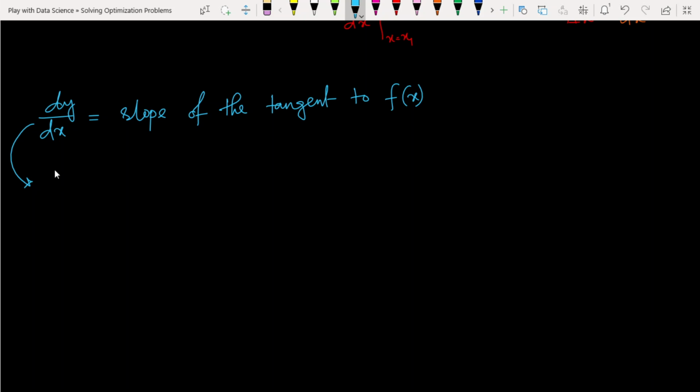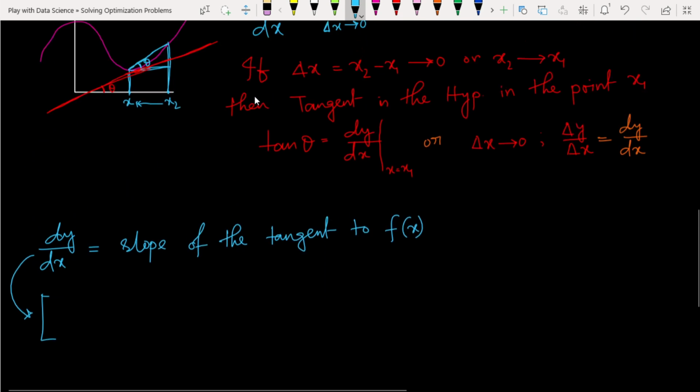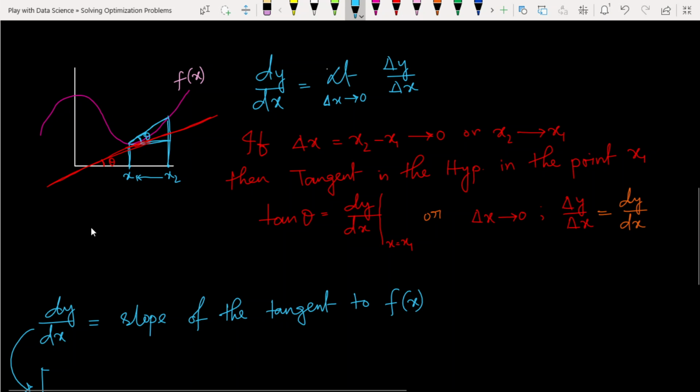If we specify a point, this is our general case for all the points. This is the simple general equation for all the points.